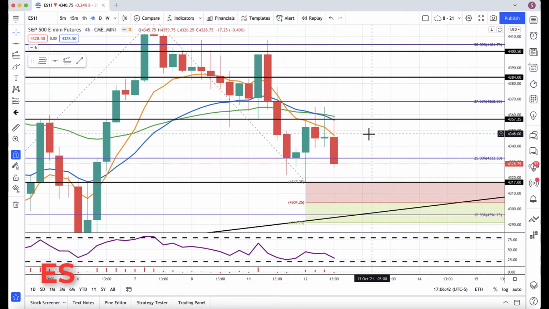So key resistance on any rally, our first minor resistance is coming in about 43.47, 43.50 area. And then I'd strongly watch my key area, besides fine-tuning it with more price action that unfolds overnight, which would be about 43.57.